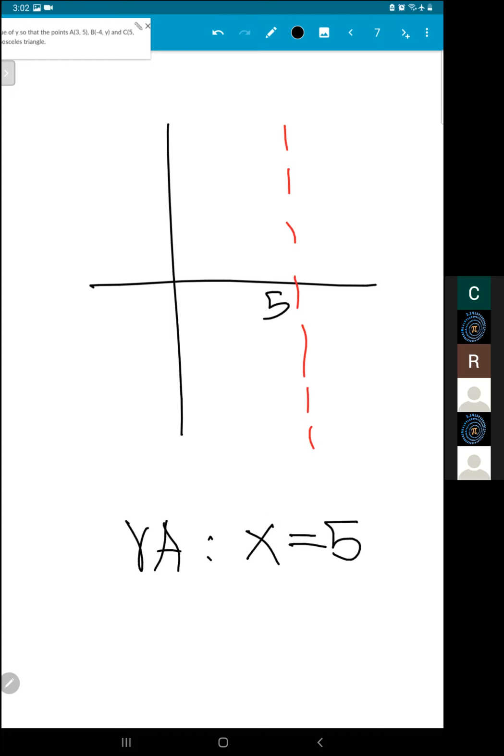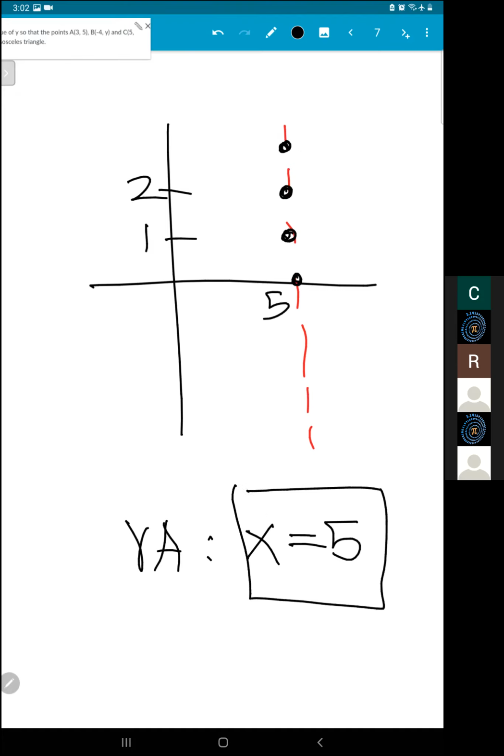By the way, do you understand why? Because all the points there have x coordinate 5. This is (5, 0), this is (5, 1), this is (5, 2). That is why the equation is x equals 5. All ordered pairs whose x coordinates are 5 form a vertical line.